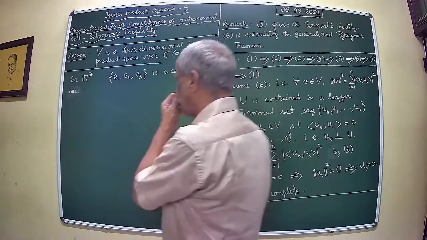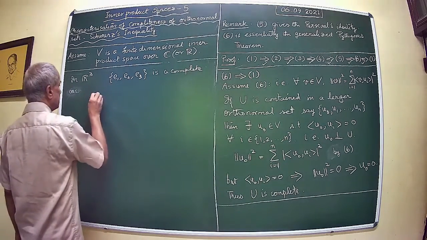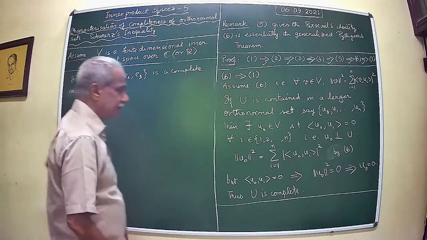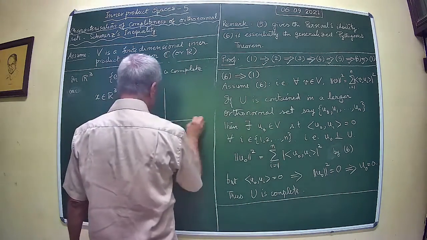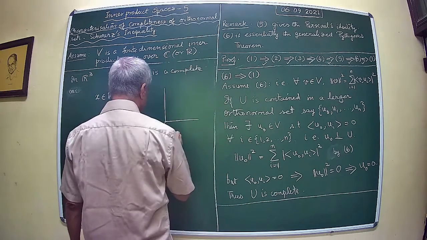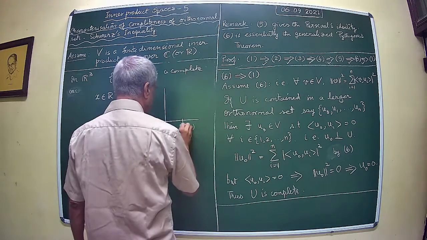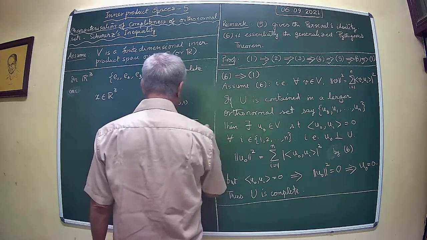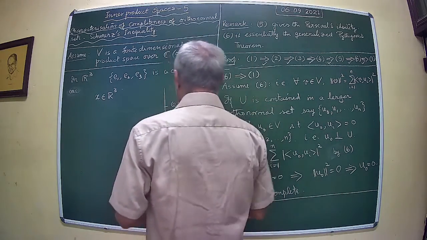Now you see that if you choose an x belonging to R3, then what you have is this. This is your E1. This is E2, E3.